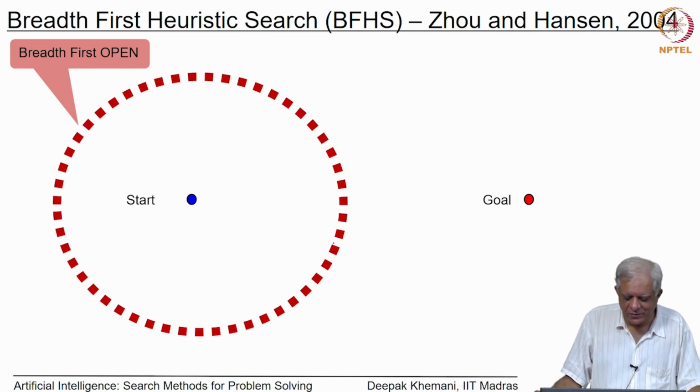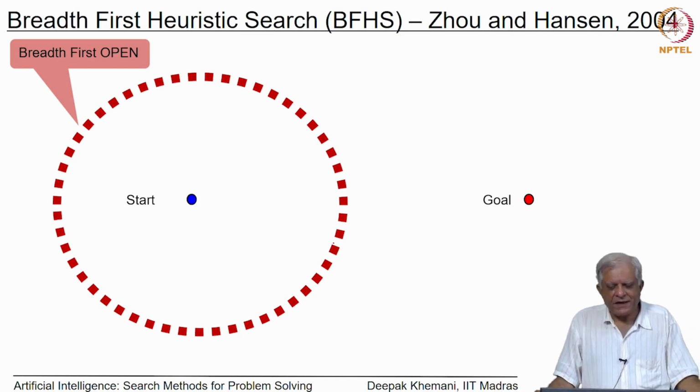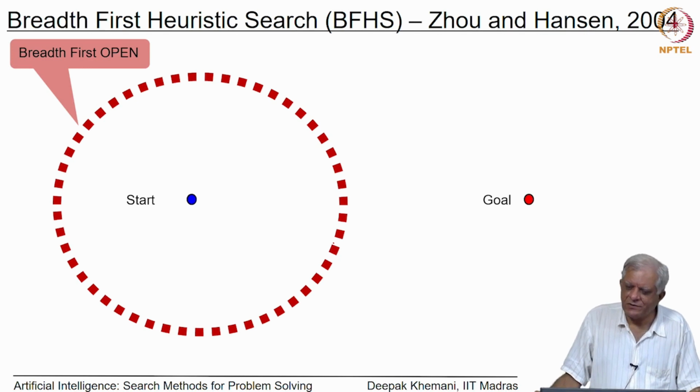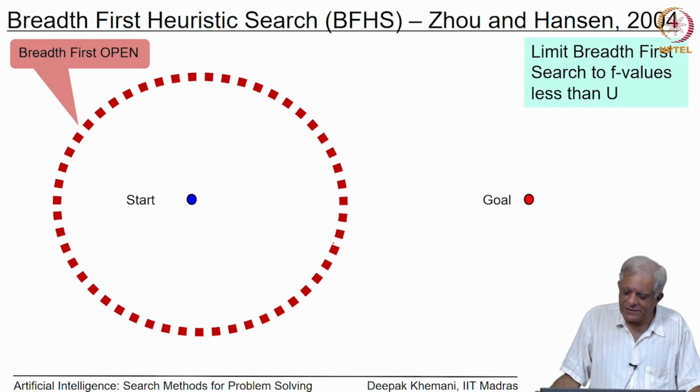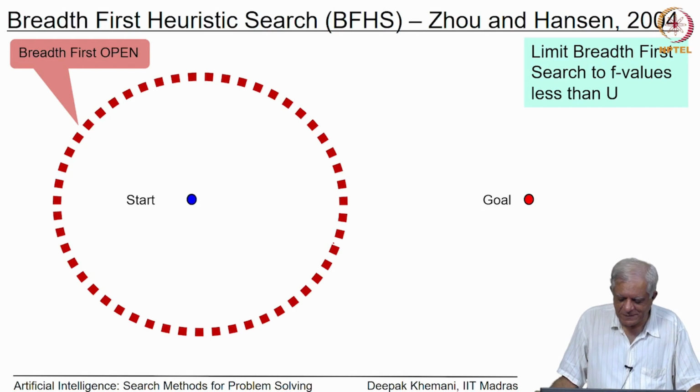But just now we argued that we would like to not allow search to go beyond a certain boundary, and we will now limit this breadth first search. The search will be breadth first, but we will now limit it to f values which are less than u. That is, u is a value we found by some algorithm, maybe a beam search algorithm.